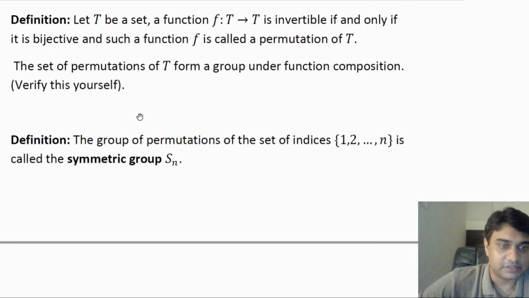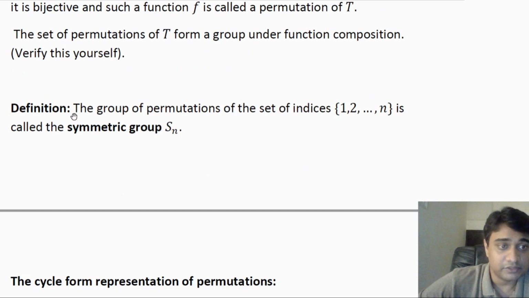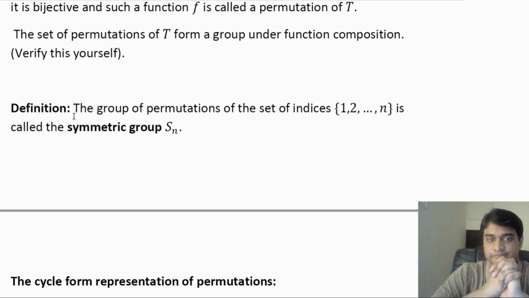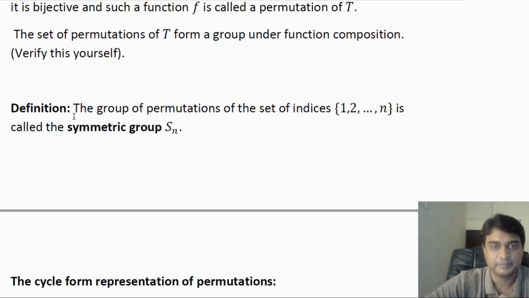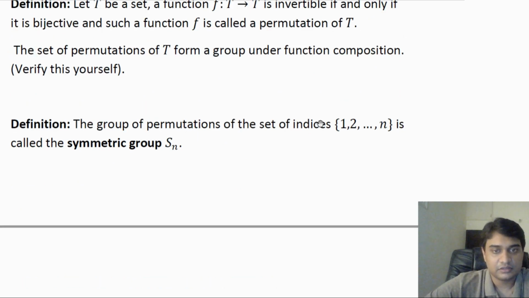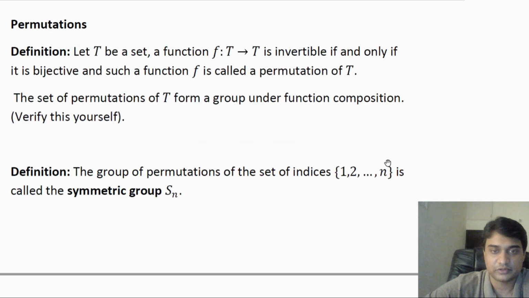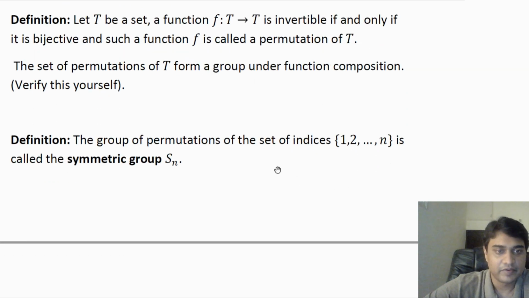Okay, so next, we now come to the symmetric group Sn. The symmetric group is just a permutation where the set is the set of indices 1 to n: 1, 2, 3 up till n. If you're talking about the permutations of the set of indices, then this is called the symmetric group Sn.